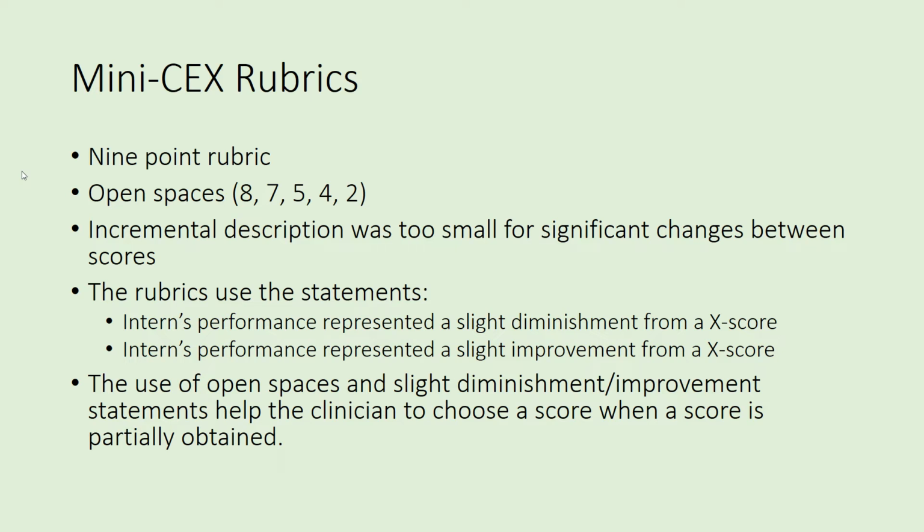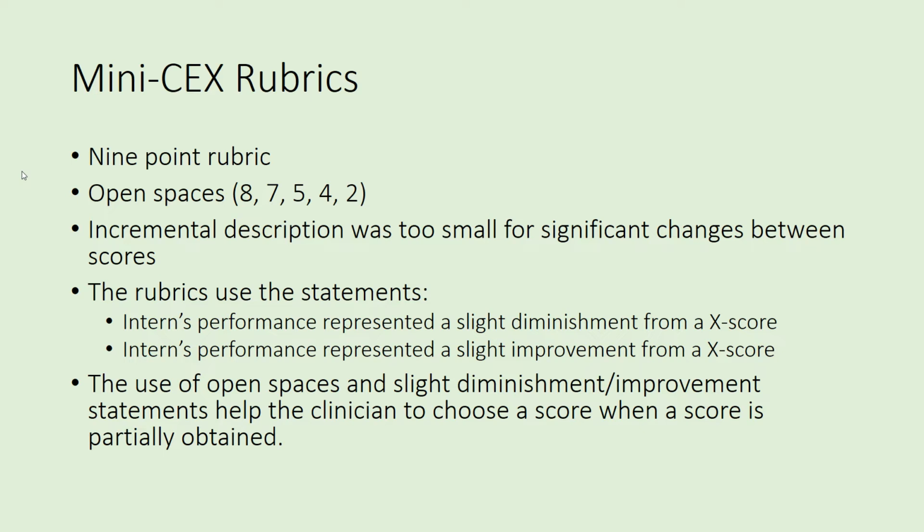The previous incremental description was way too small for significant changes between the scores. This gives the evaluator, the clinician, the instructor a little bit more liberty in their assessment.